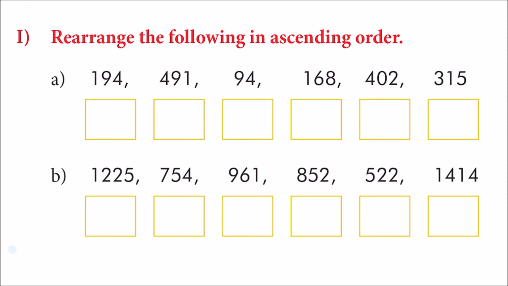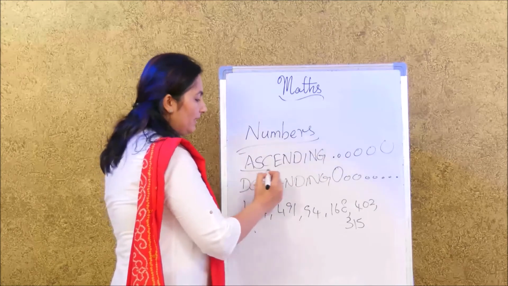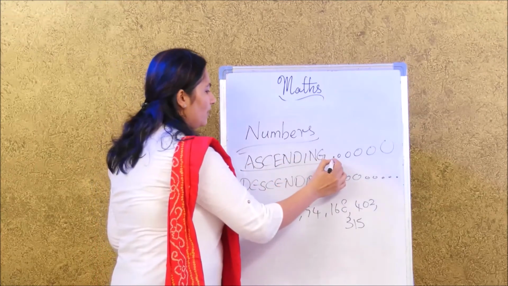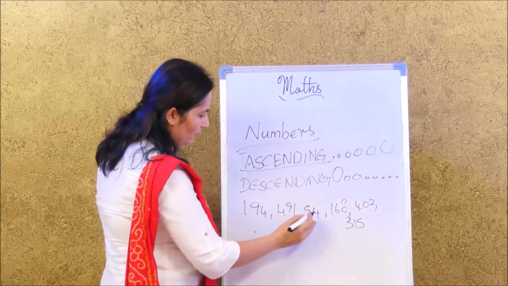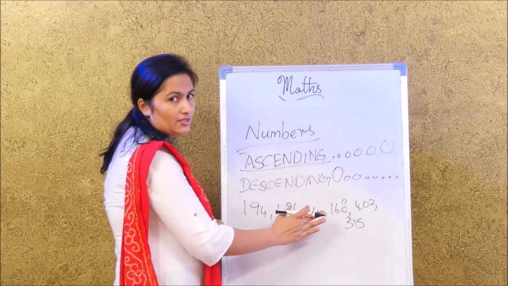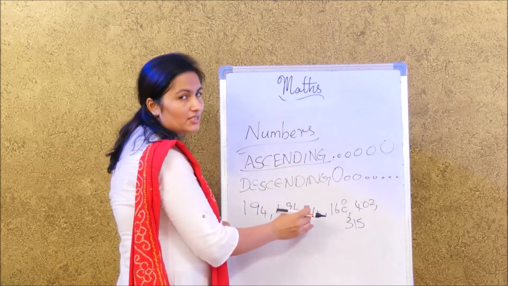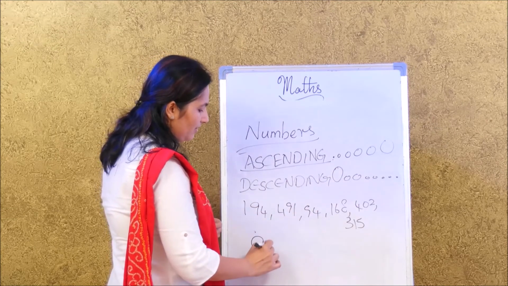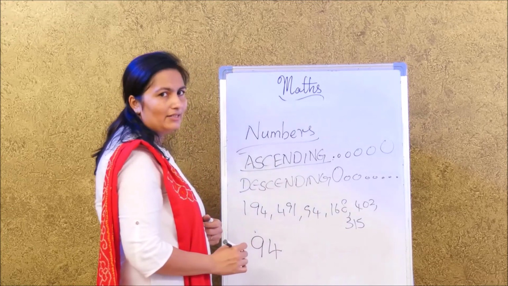So, we have to rearrange them according to ascending order. What is ascending order? Again we learn, smaller to bigger. So, what is the smallest one here? Everything is a 3-digit number. There is only one 2-digit number. So, obviously the 2-digit number is the smallest. So, we will start with the 2-digit number 94.